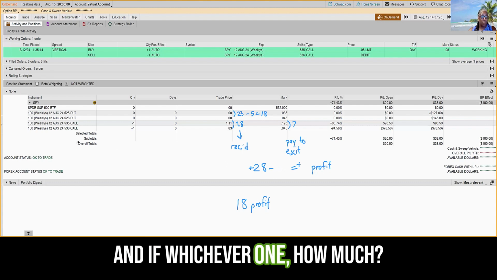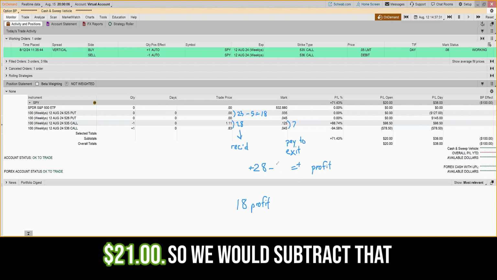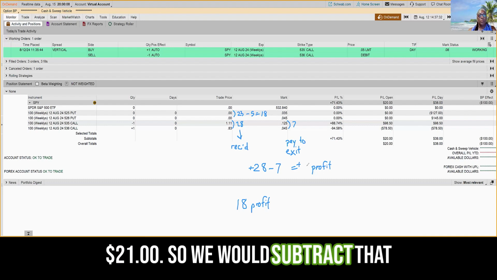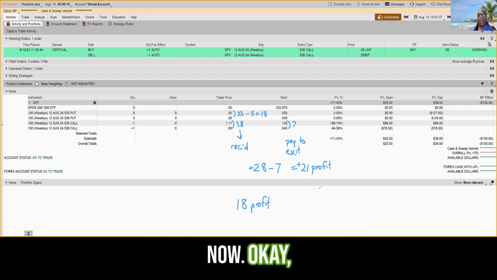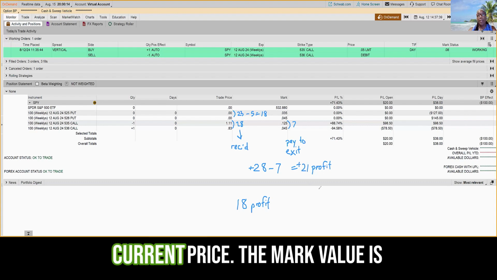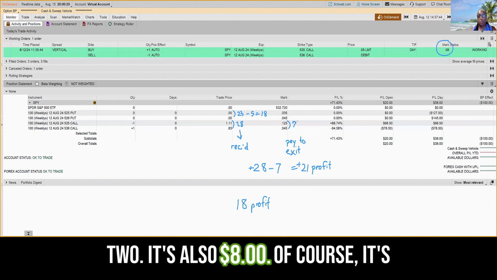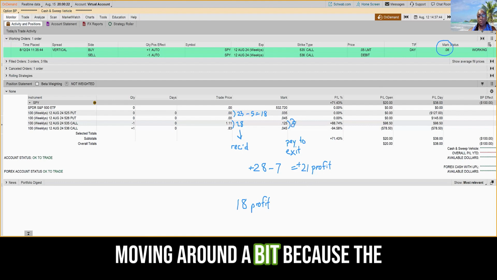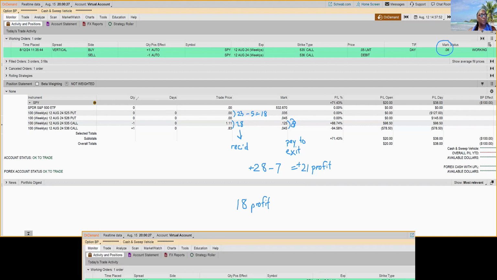And whichever one, how much? So $21 profit. So we would subtract that 7. We've got $21 of profit right now. Okay, current price, the mark value is $8. Between these two, it's also $8. Of course, it's moving around a bit because the price is still going. We're letting it do its thing.